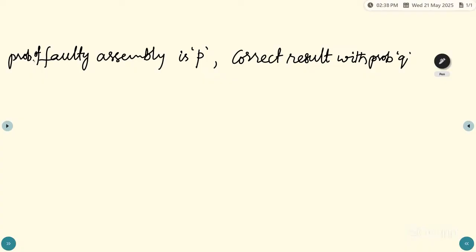What is the probability that it is found to be faulty?